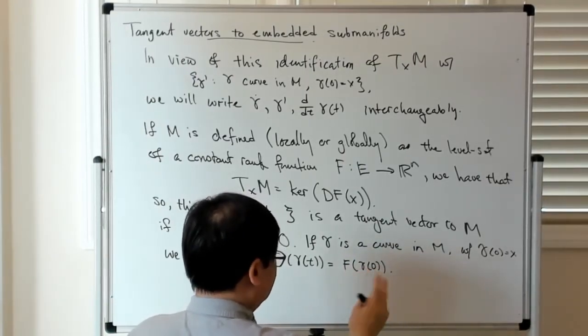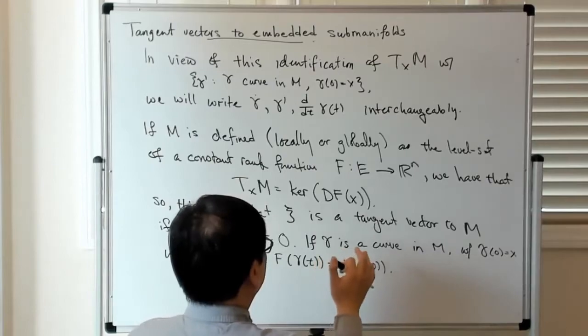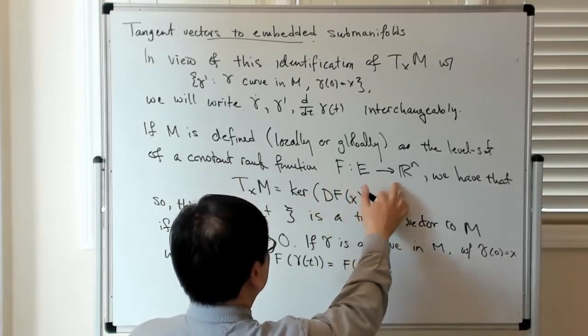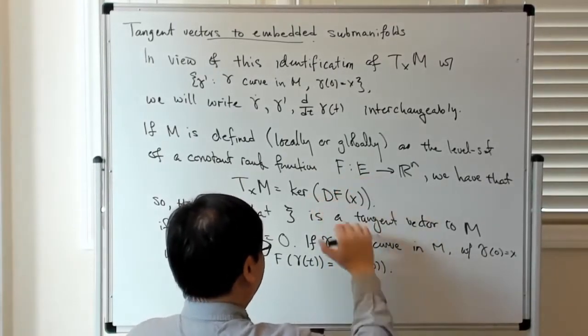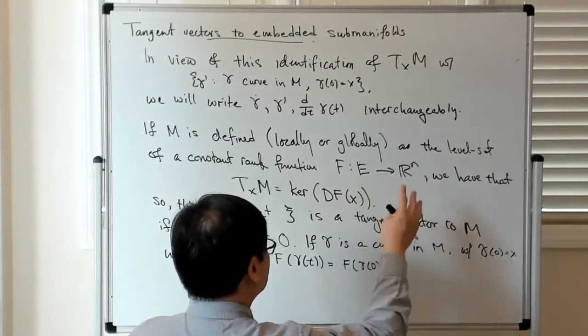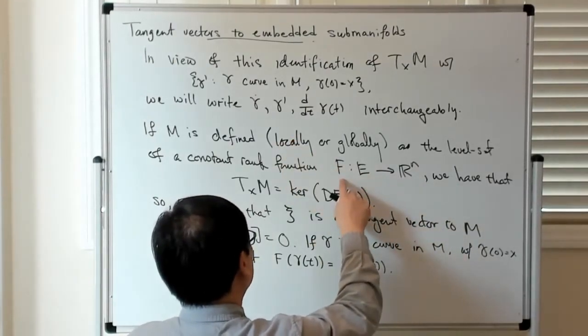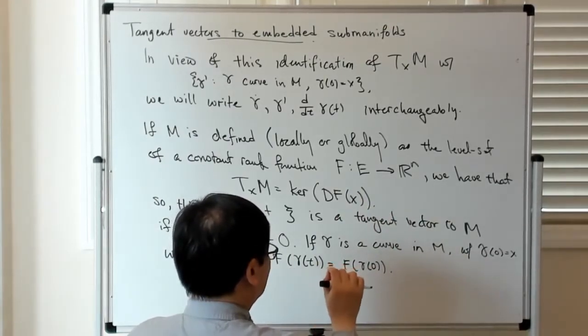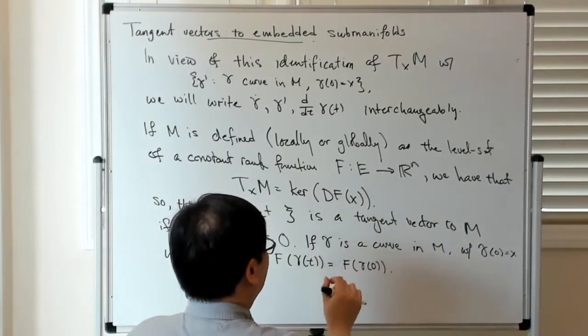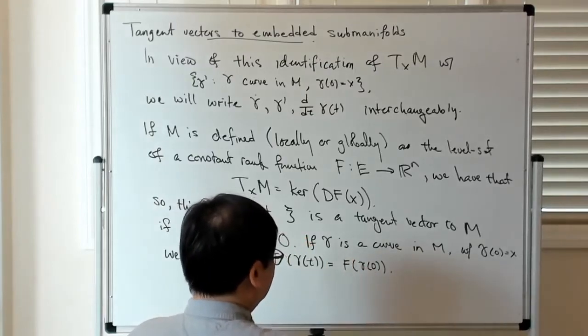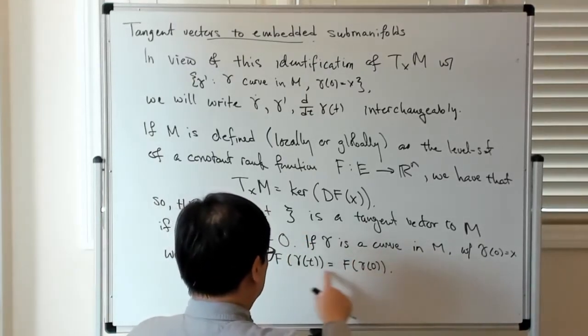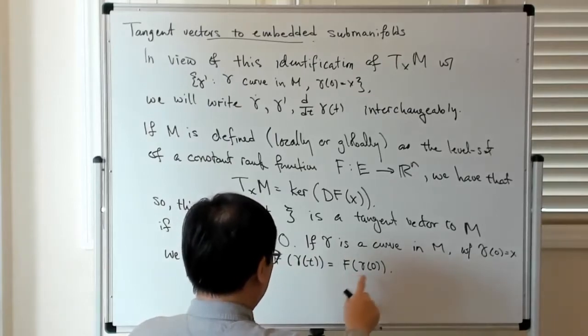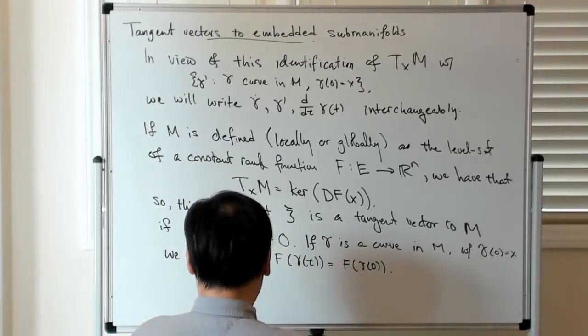Oftentimes we'll just say that this is equal to 0, but that's predicated on the assumption that M is actually the 0 level set of F. If we don't assume that, we still have the property that it has constant F value, right? So F of gamma of t is equal to F of gamma at 0. And so when you differentiate that, you still get 0, right?